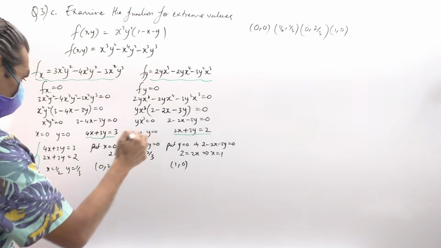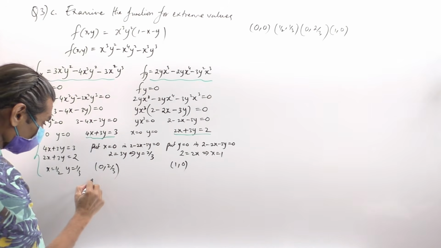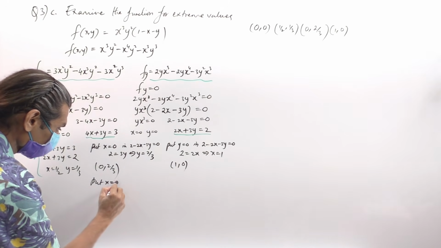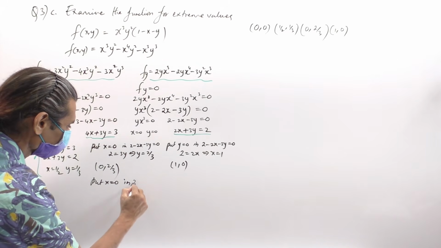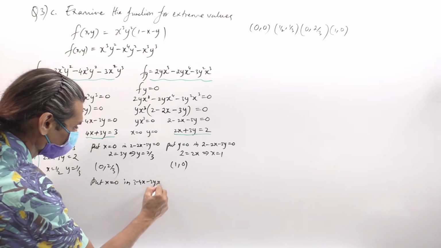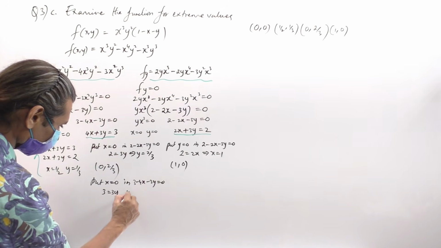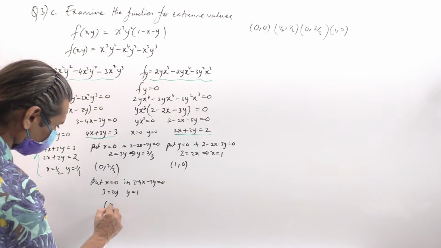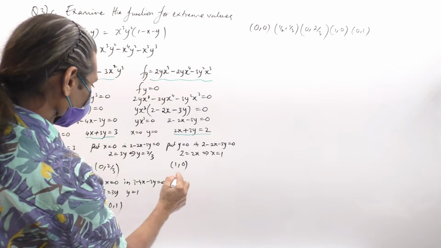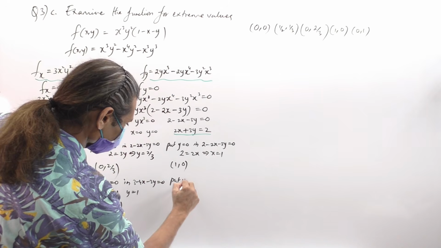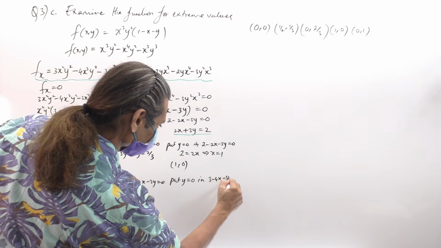Now from here, I put x is equal to 0 in 3 minus 4x minus 3y is equal to 0. When I put x is 0, I get 3 is equal to 3y, so y is equal to 1. So one more pair I got is (0, 1). Lastly, I'll put y is equal to 0 in 3 minus 4x minus 3y is equal to 0.